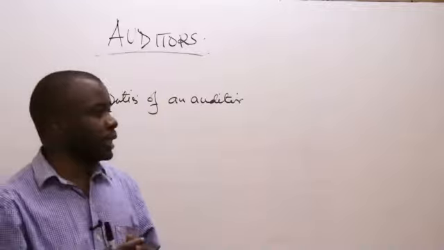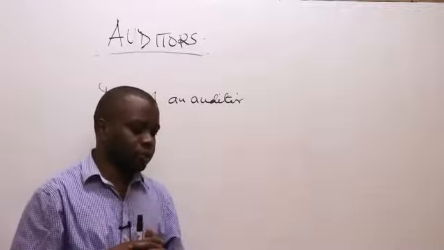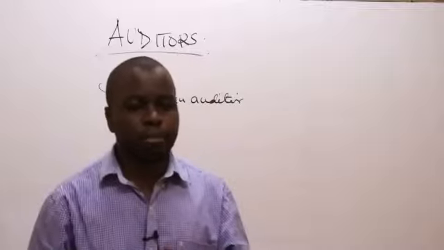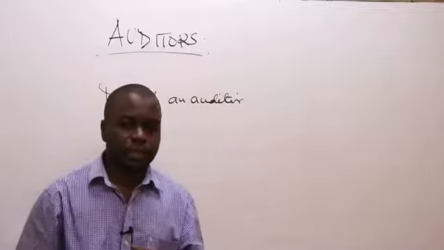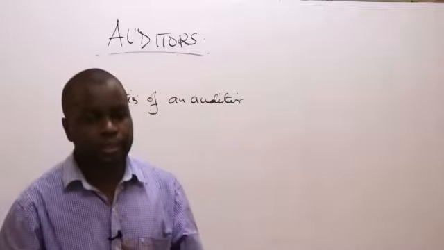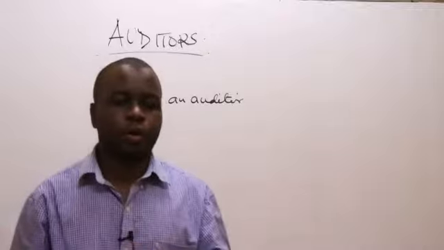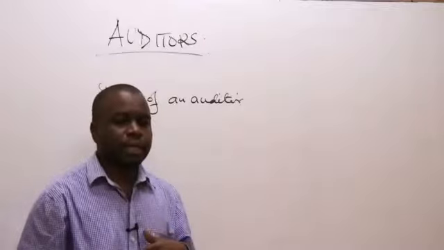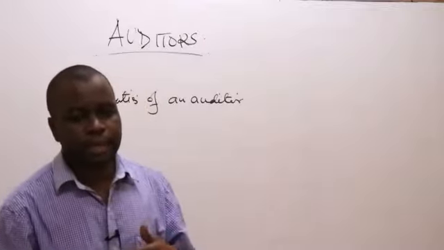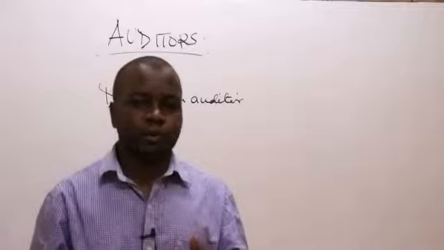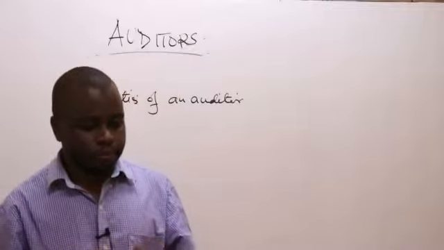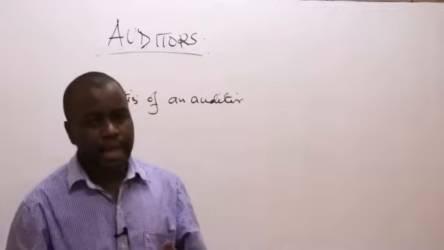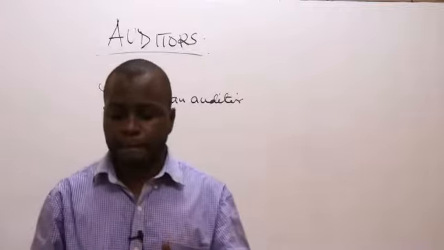So of course the key duties or the key roles while he's carrying out his audit work is to ensure, number one, he's acquainted with his work or his roles under the articles of the company. Then number two, which is very key, is to lay before the members of the company at the AGM the accounts of the company and explain to them what was happening in the company in terms of the accounts that have been prepared by the company.